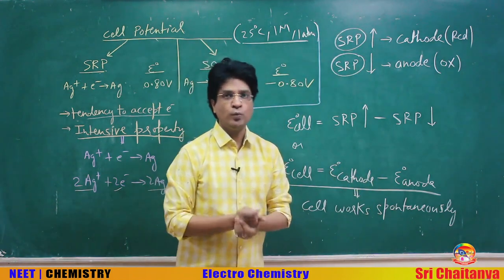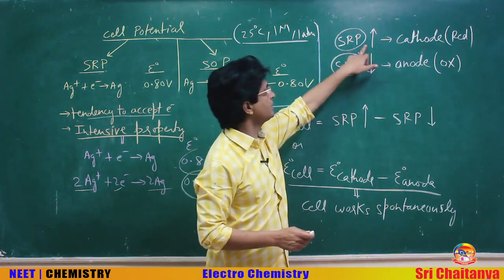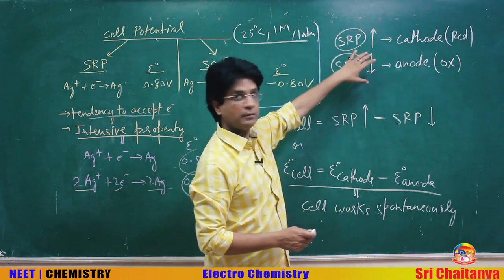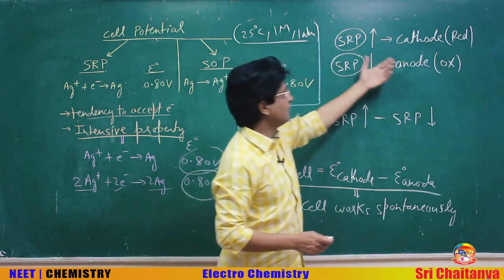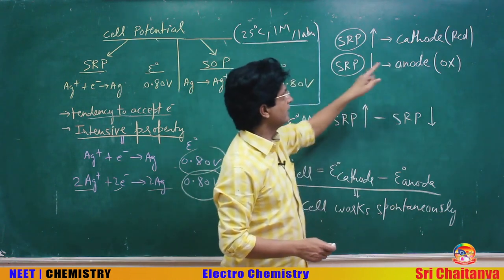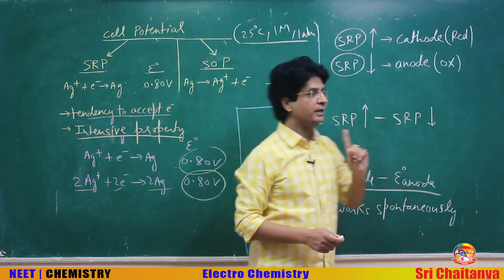Now see, how will you choose which will be cathode and which will be anode? If the SRP of an element is higher, it will be cathode. If the SRP value is lower, it will be anode. Remember that at cathode always reduction will take place and at anode always oxidation will take place.